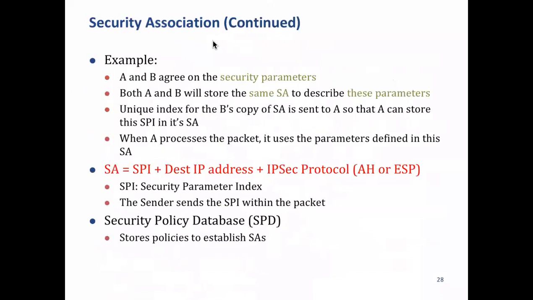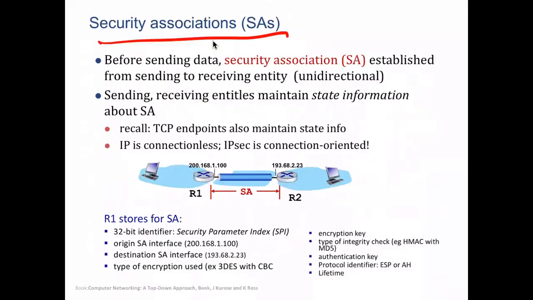Just a minute, let me see. Security association for connection to say R2, which may be in ITG, will contain the following. Okay, it will contain the IP address here. Okay, and it will also contain destination IP address, like IP address of this router.